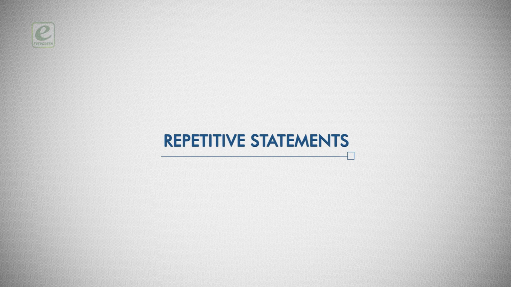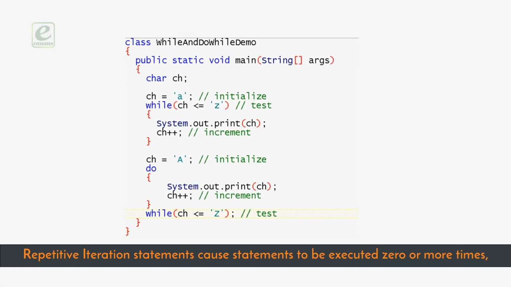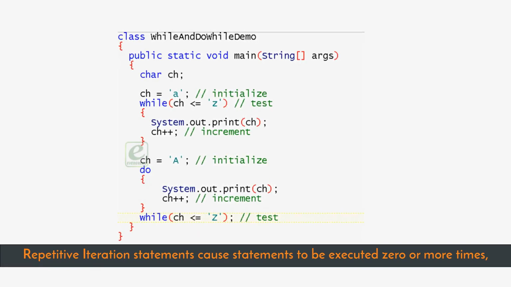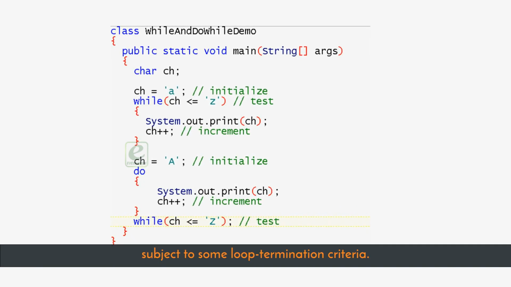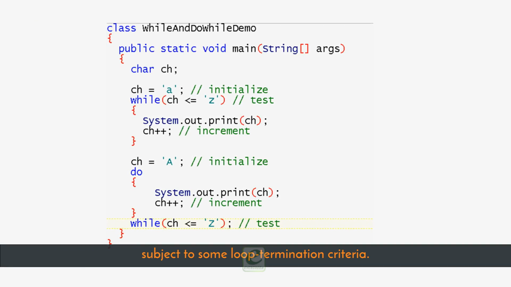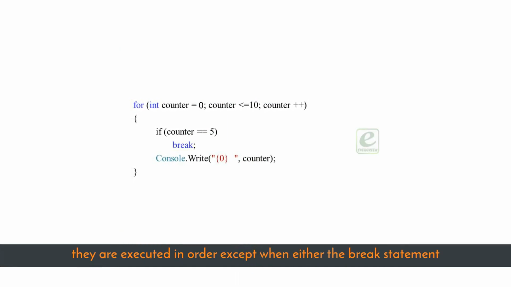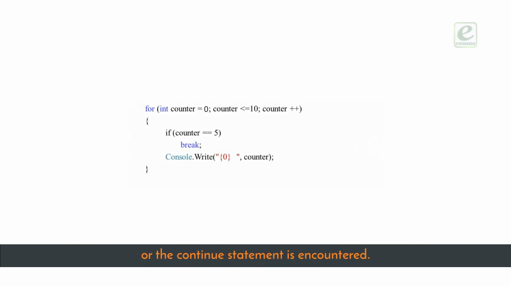Repetitive statements. Repetitive iteration statements cause statements to be executed 0 or more times, subject to some loop termination criteria. When these statements are compound statements, they are executed in order except when either the break statement or the continue statement is encountered.